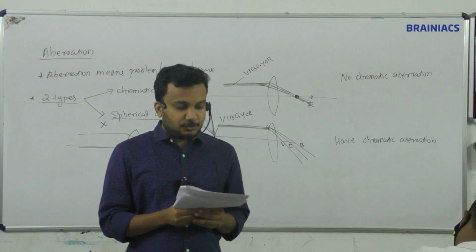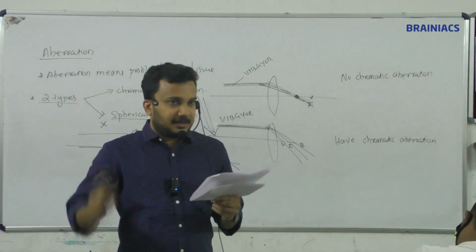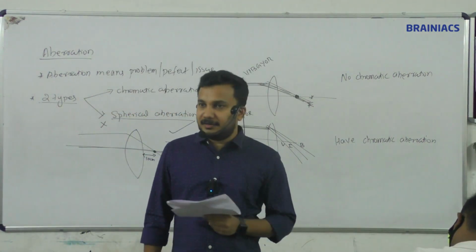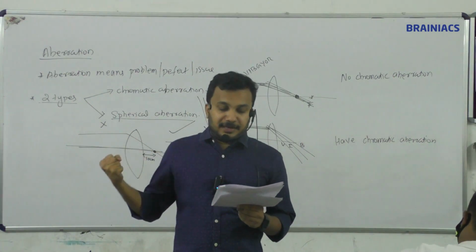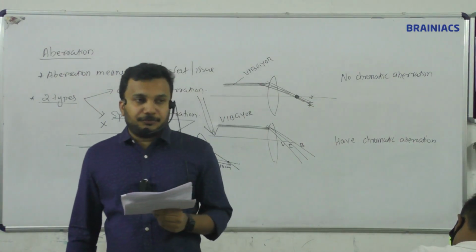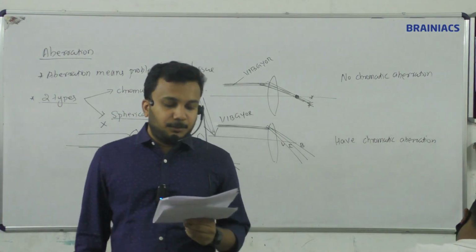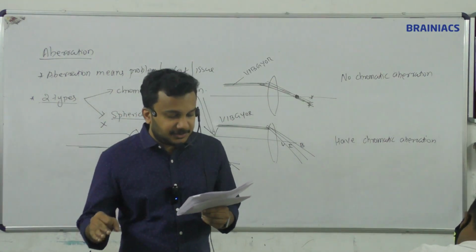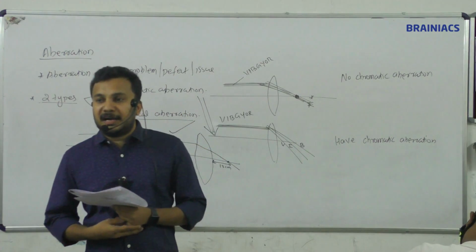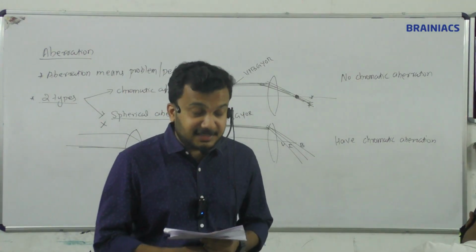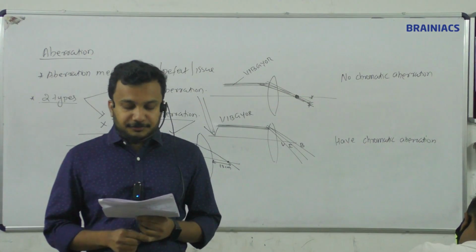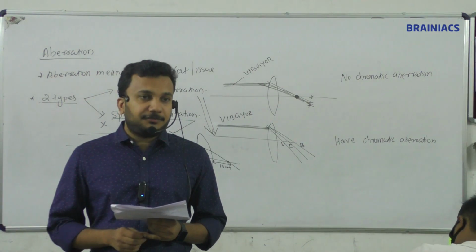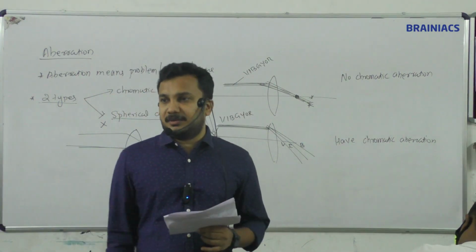Disadvantages of refracting telescope. First one, star it, point by point. For collecting more number of light rays to form an image of high intensity, an objective of large aperture is required.